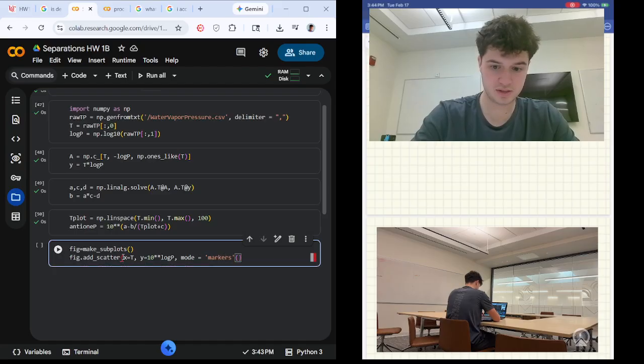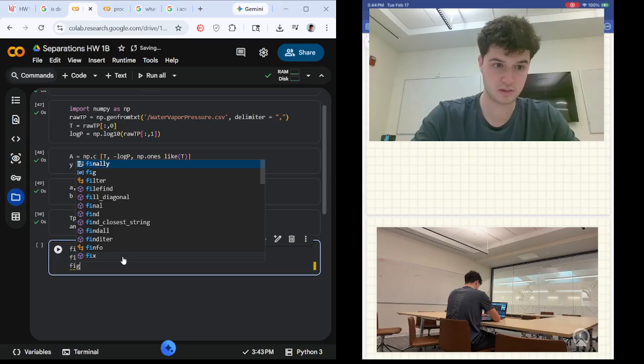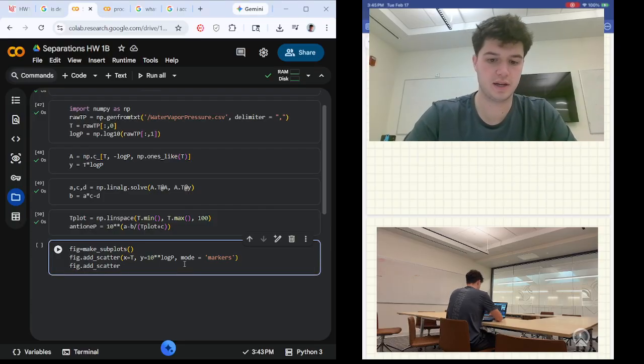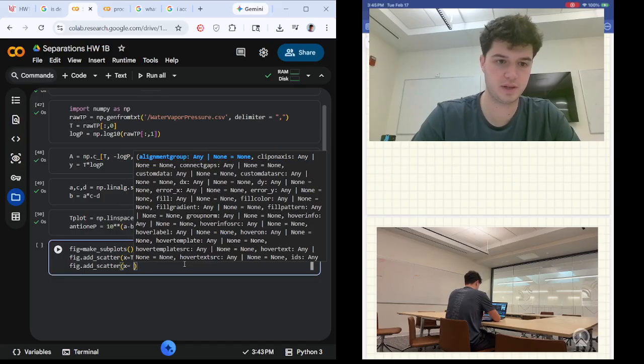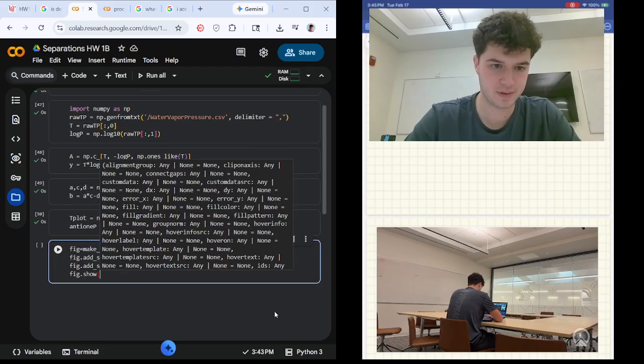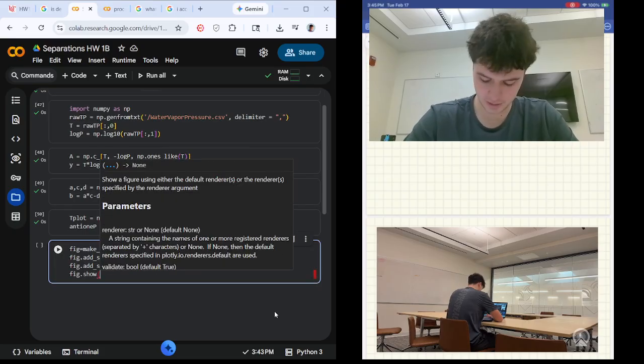Let's see if this will be nice and suggest. It did not, which is fine, but this will be x equals t plot. Oh, there we go. That is exactly what we want.